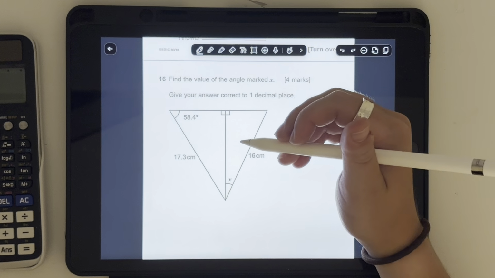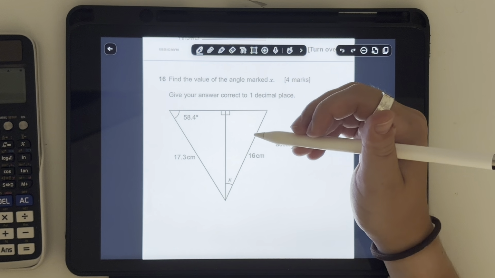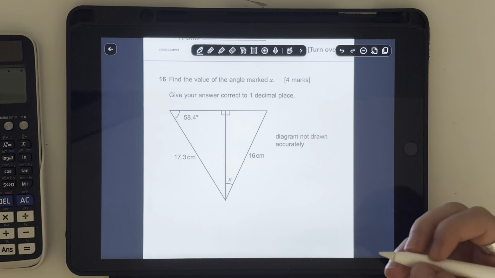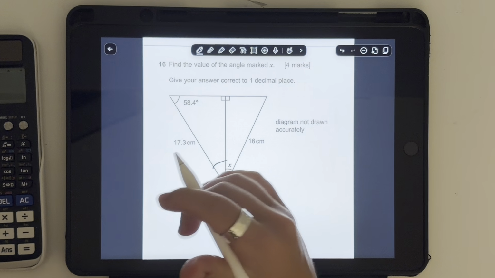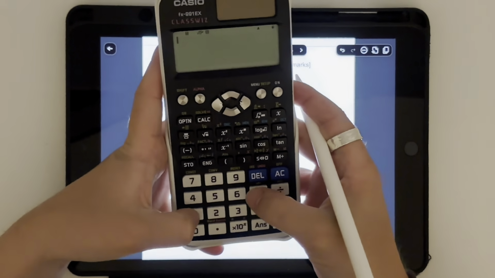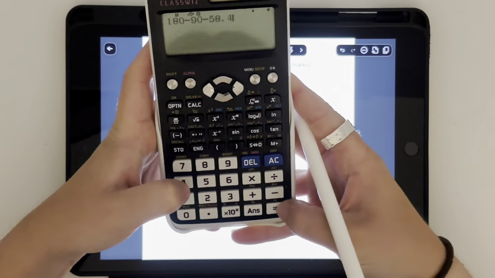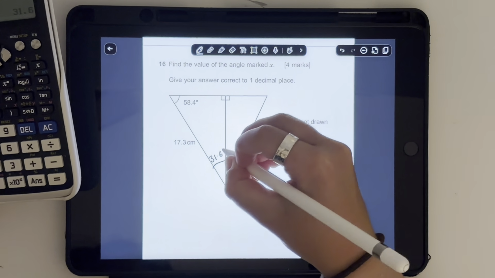That's 17.3. Okay, so the first thing we do is find this angle. So we've got 180 minus 90 minus 58.4. That's 31.6 degrees.